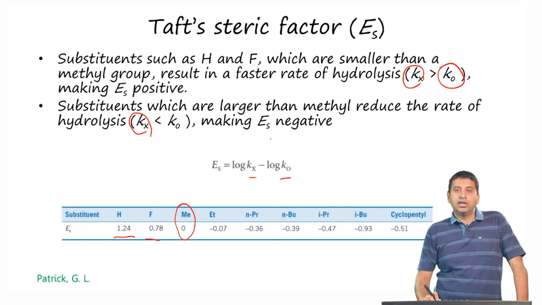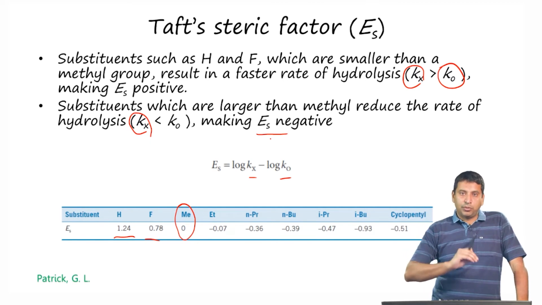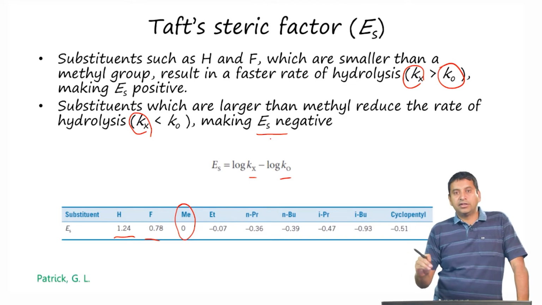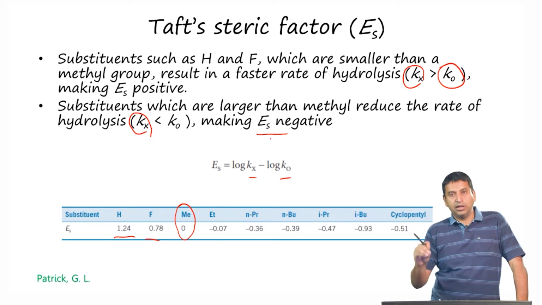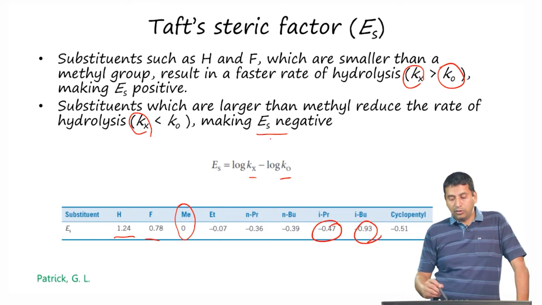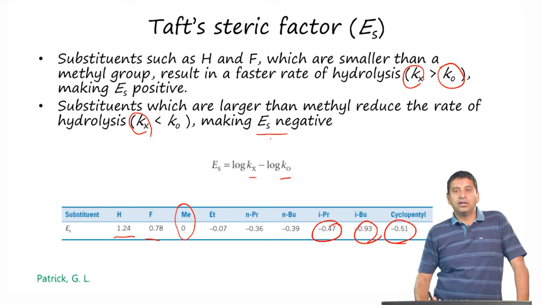So, therefore, Es would be negative. So, if Es is positive, then the size of the substituent can be considered to be small, and if Es is negative, then the size of the substituent can be considered to be large. So, here is an example: isobutyl, isopropyl, all of these are much larger than a methyl group, cyclopentyl. So, therefore, these are going to have large negative values.